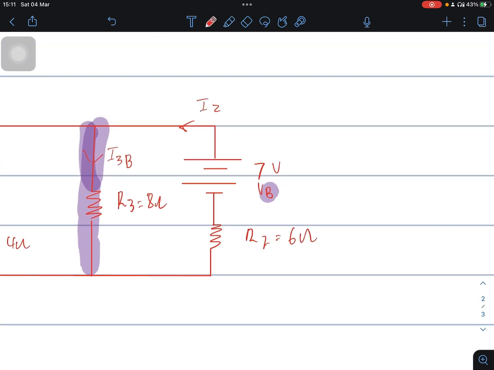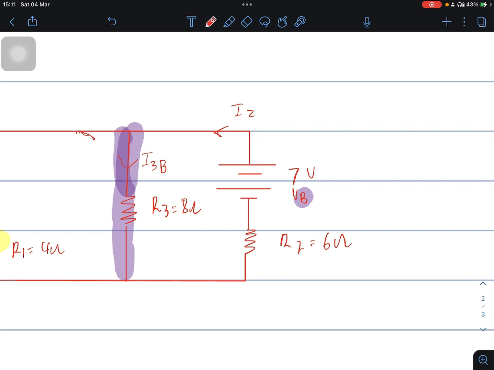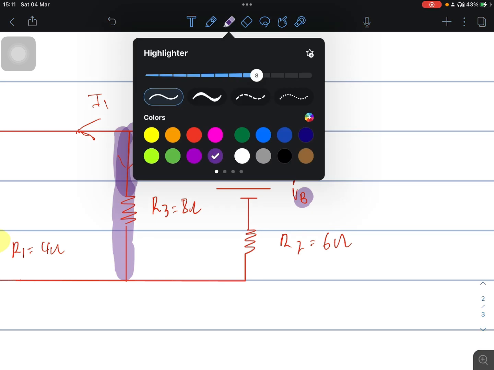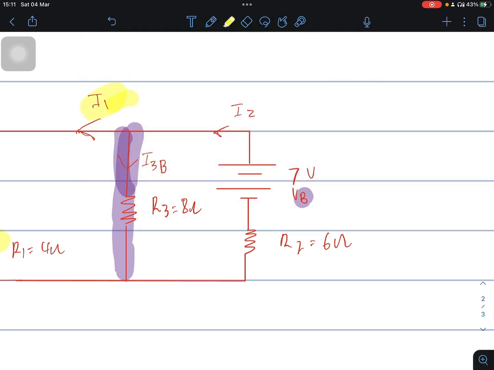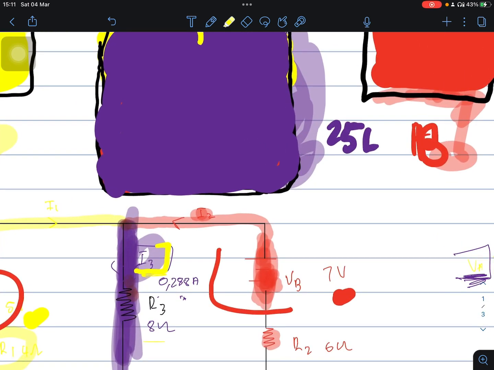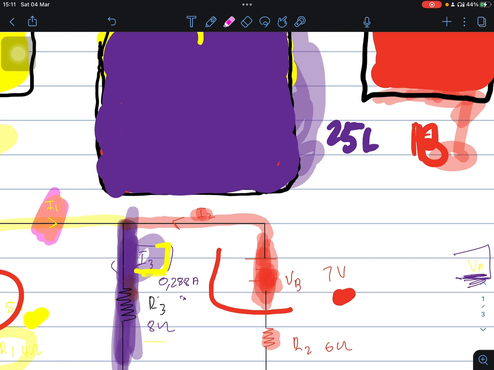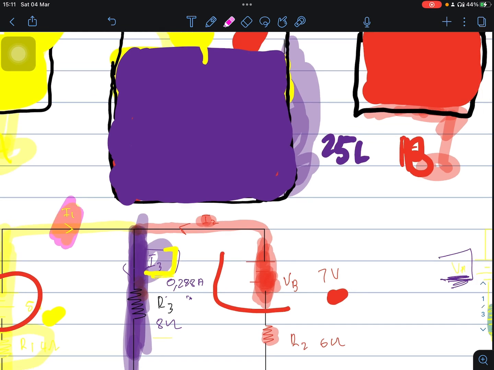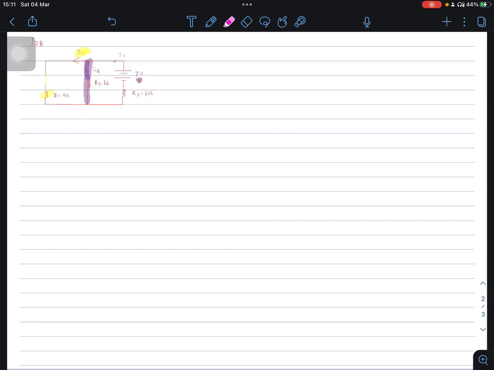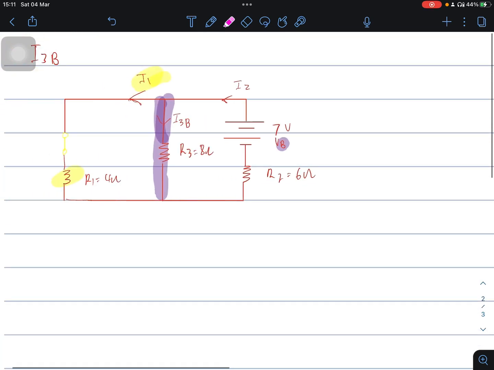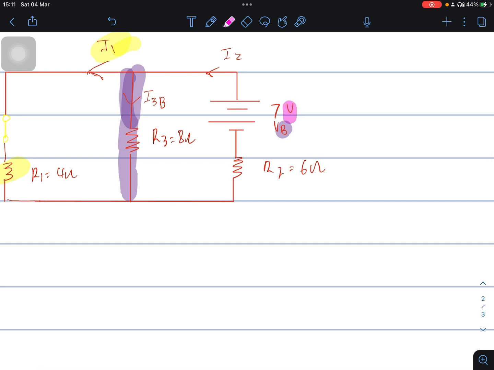Remember another current that is flowing, let's call it I1. Guys, this I1 is not the same as the I1 in the original circuit. This I1 is due to this source, hence it is flowing in the left direction, not the right direction.